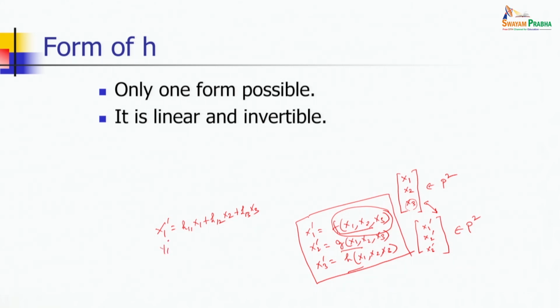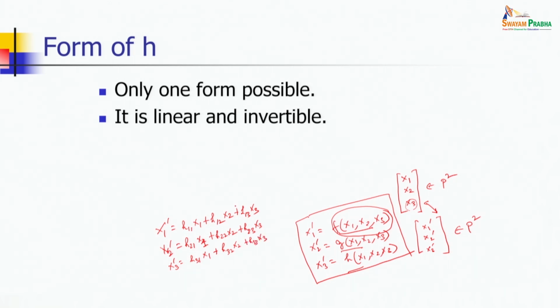Similarly, x2 prime, I can write as h21 x1 plus h22 x2 plus h23 x3, and x3 prime as h31 x1 plus h32 x2 plus h33 x3.